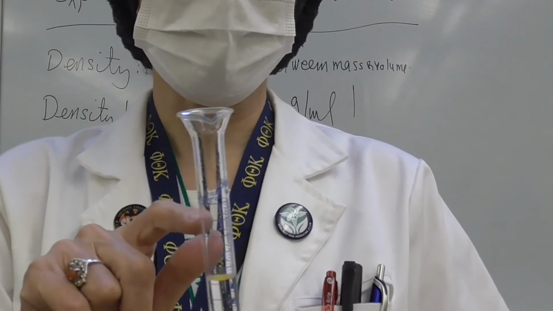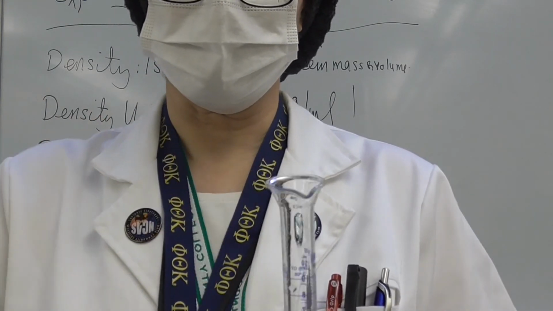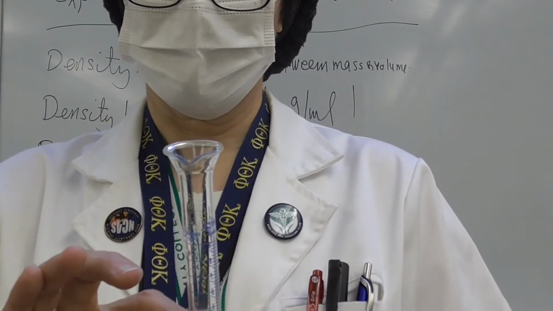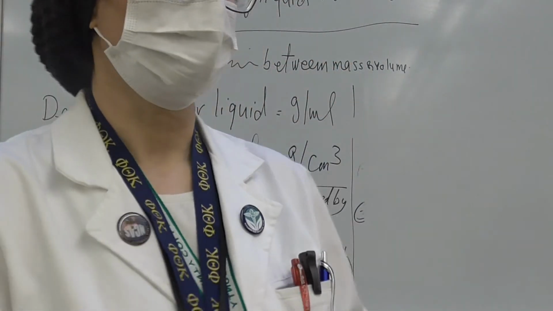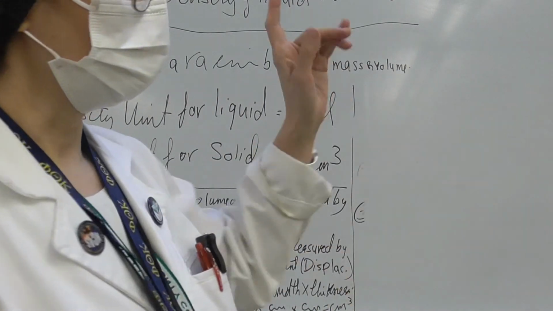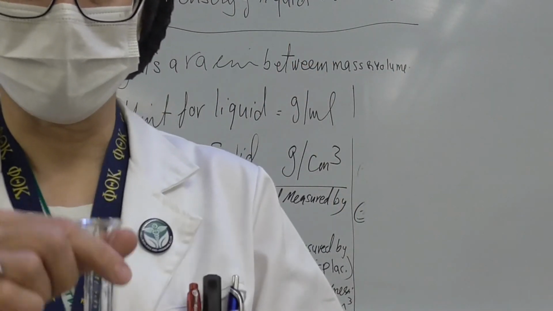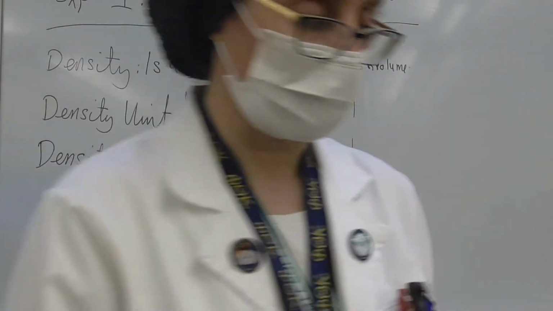When we subtract the weight of the cylinder, we will get the weight of the alcohol. The volume of the alcohol is 5, then we divide mass over volume, and that will give me the density of the rubbing alcohol.